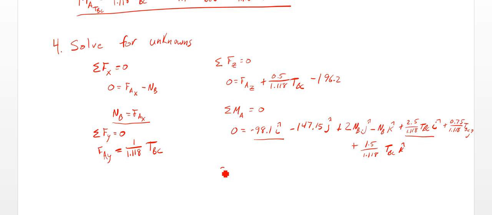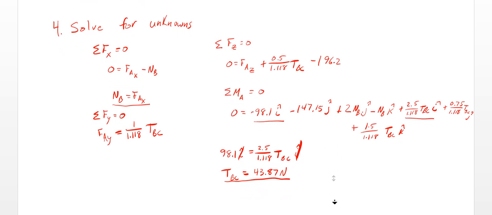So we have 98.1 I, so I move that over to the left-hand side, equals 2.5 over 1.118 tension BC I. So our I's can cancel out, and then we find that this tension in BC equals 43.87 newtons. I reported 4 significant figures there. I'll change that to 3 when I finish up my work.